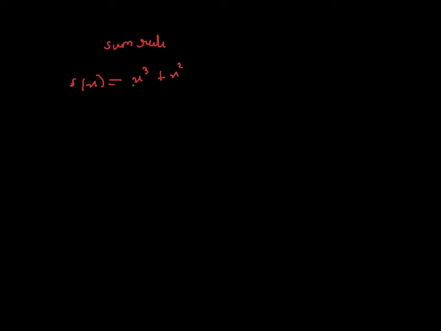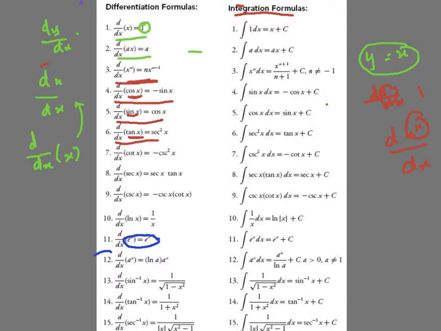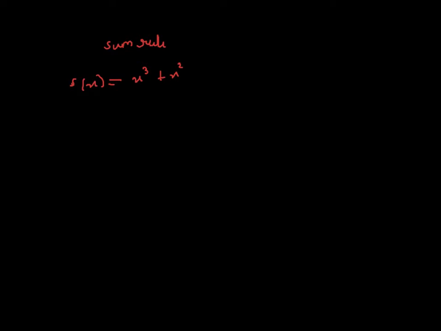So you know how to derive x cubed by the sheet I had given you, and by this formula you know how to derive x squared. But what if you are given the sum of both the functions? So here comes the sum rule.